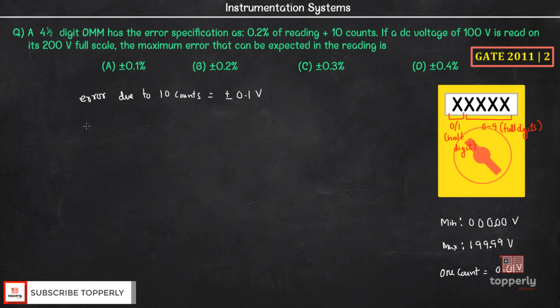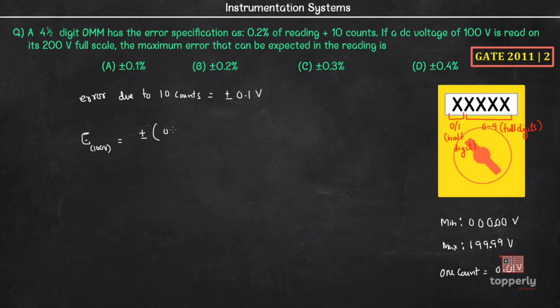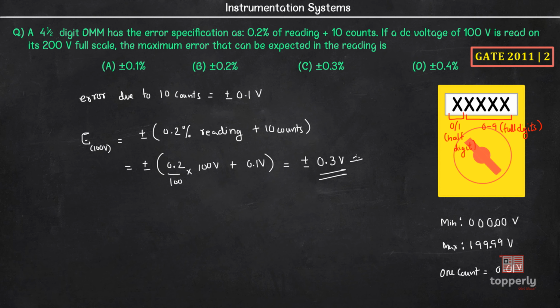Therefore, the maximum error that can be expected in the reading of 100 volt is plus or minus 0.2 by 100 into the reading, which is 100 volt, plus the error due to 10 counts, which is 0.1 volt, which is equal to plus or minus 0.3 volts. Now this is in absolute error format.